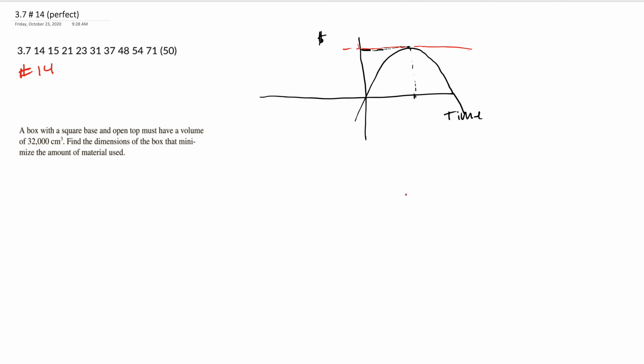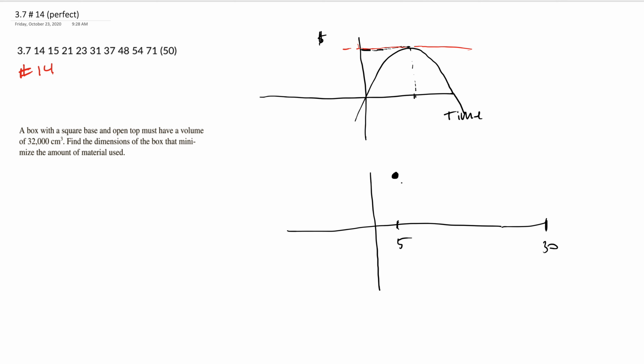But another thing to think about also is you also want to double check your endpoints. So let's say income was like you're asking about year 5 to year 30, and year 5 you switched careers.